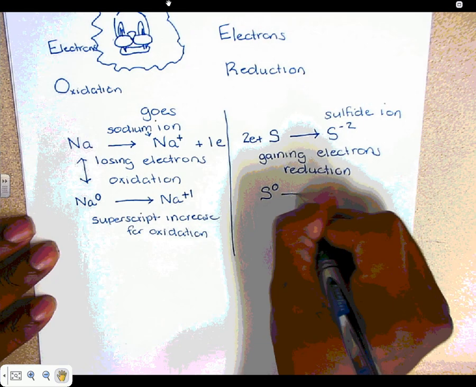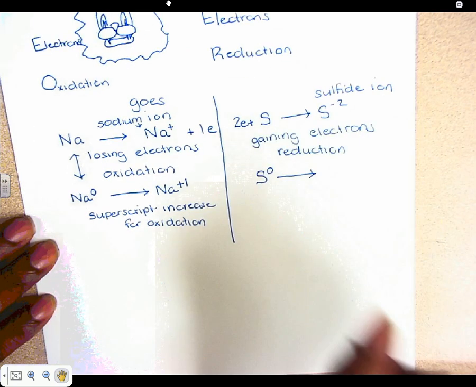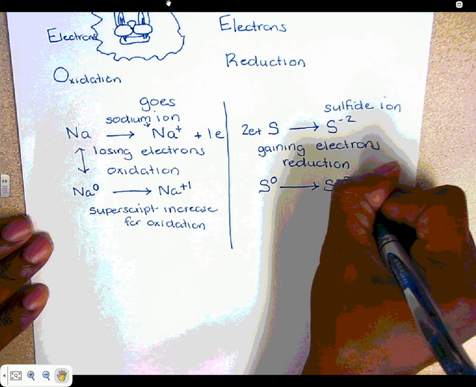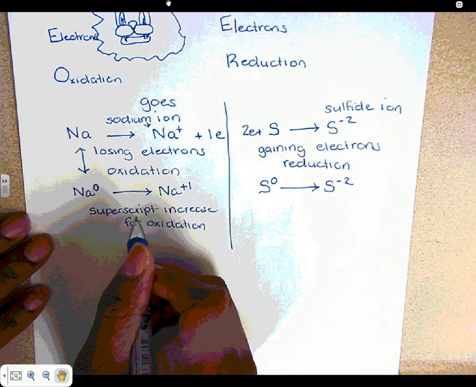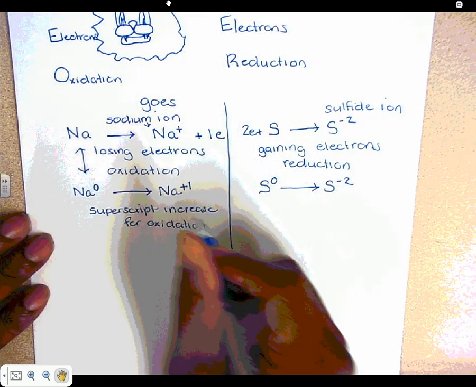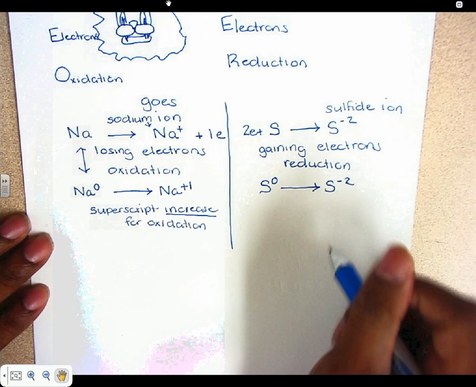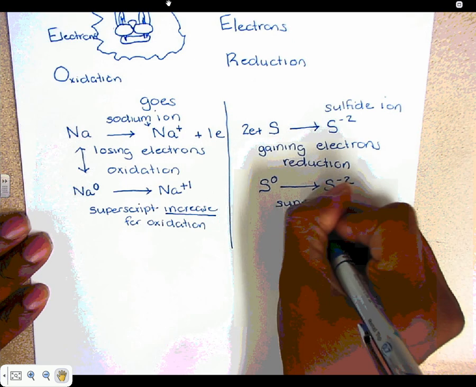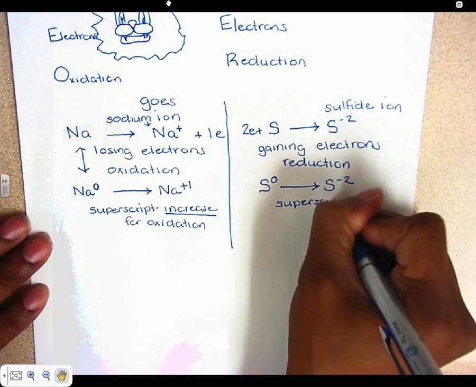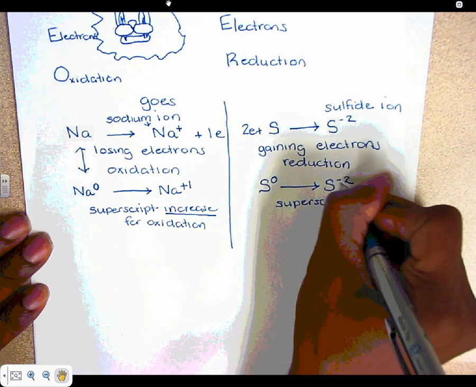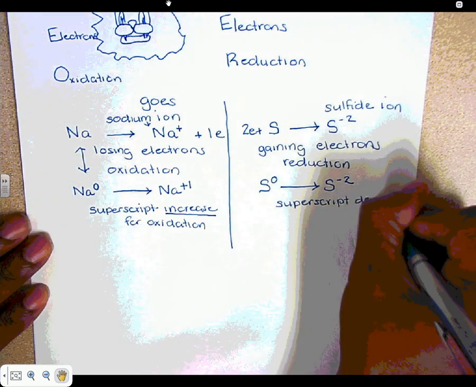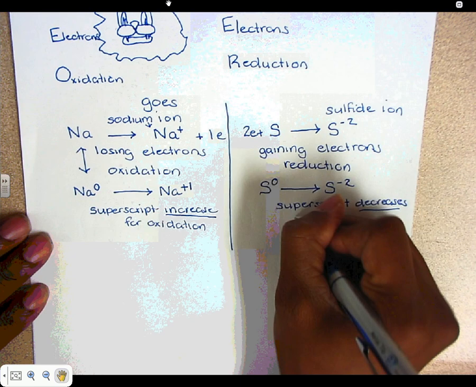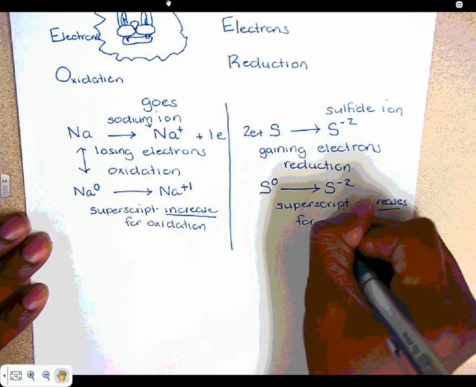And then when it goes through that process, the number becomes -2. Now, if you notice the trend here, for oxidation, this number increases, but here, the superscript, the number up top, decreases. It decreases for reduction.